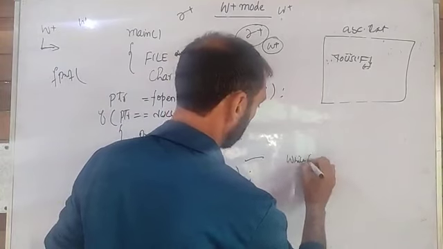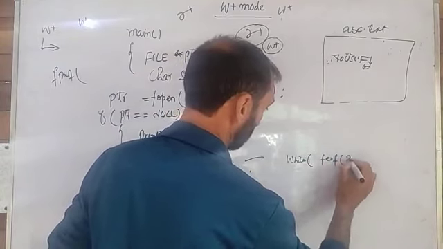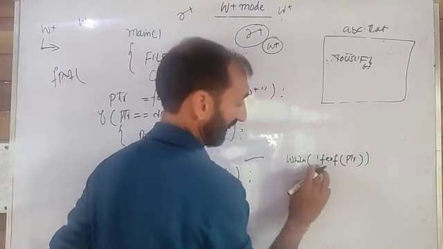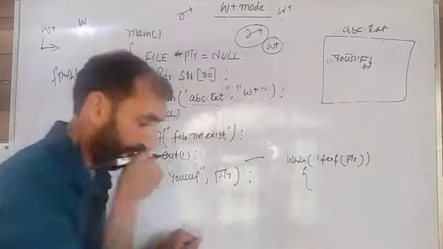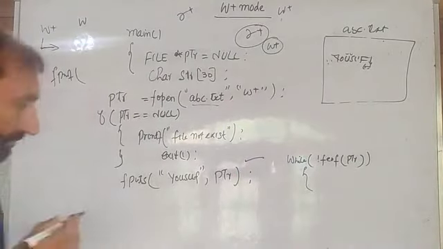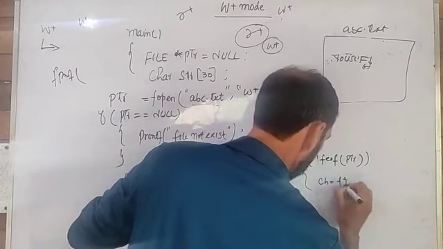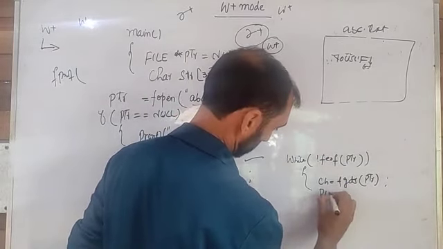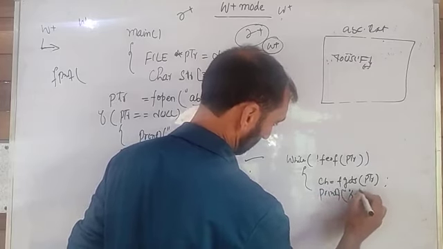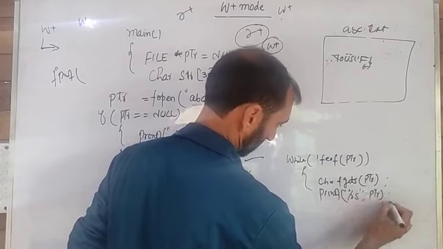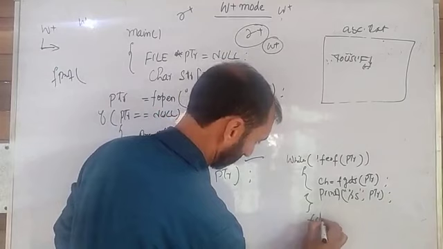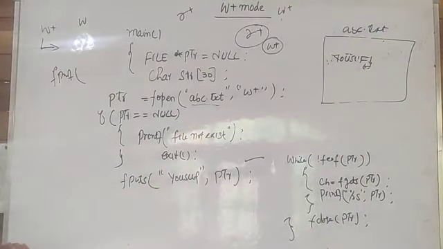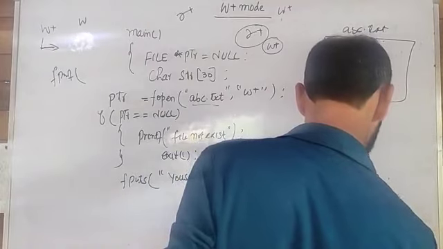I am going to use while, and more precisely I can write a logical not: while not feof(fptr), ch equal to fgetc(fptr), printf percentage c, ch, and then fclose(fptr), and that is it. Sorry, fgetc, because it is not fgets.